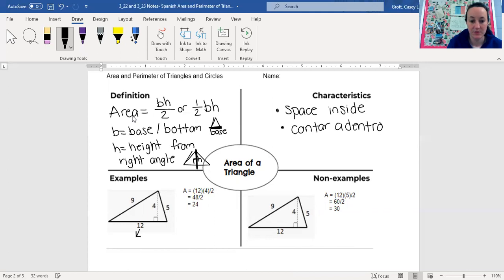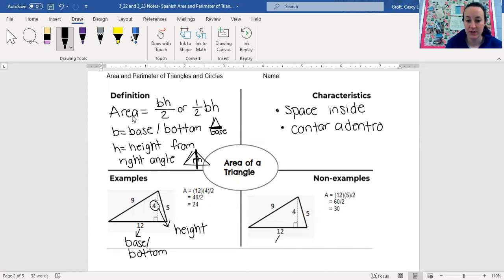Okay, in my example, 12 is my base. Okay, it is the bottom of the triangle. And 4 is my height. So we do base times height divided by 2.